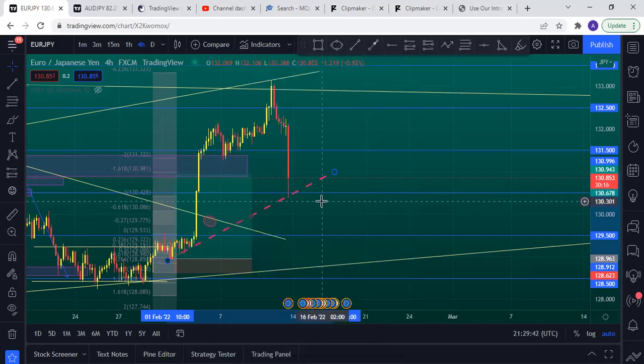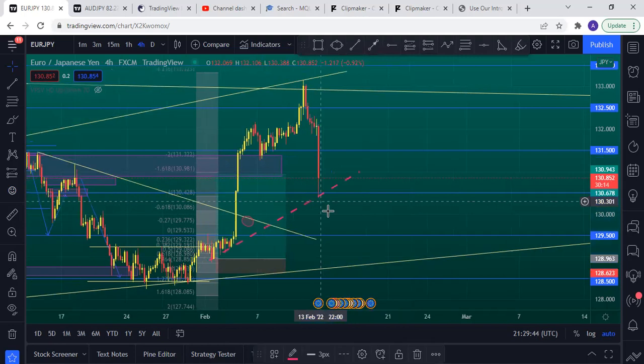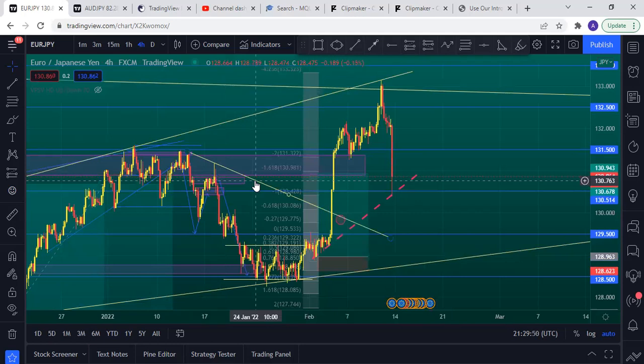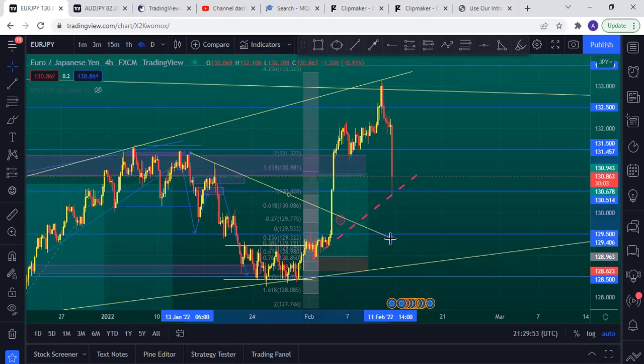All right. Now, for the example of the internal trend line, this trend line right here, this one, is an example of an internal trend line. All right, let me change the color of that too.